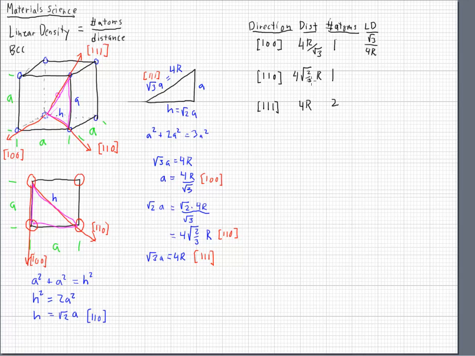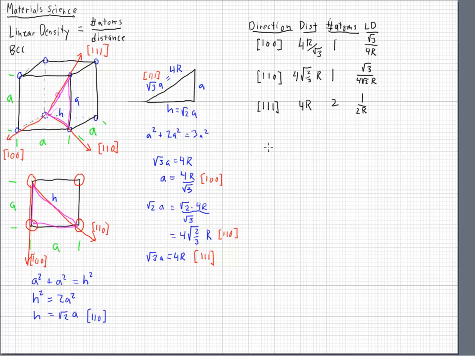So we'd have this as a reciprocal of that: square root of 3 over 4 times the square root of 2 times r. And then this is much easier to work with because we just have 2 divided by 4, which is 1/2. So it's 1 over 2r.